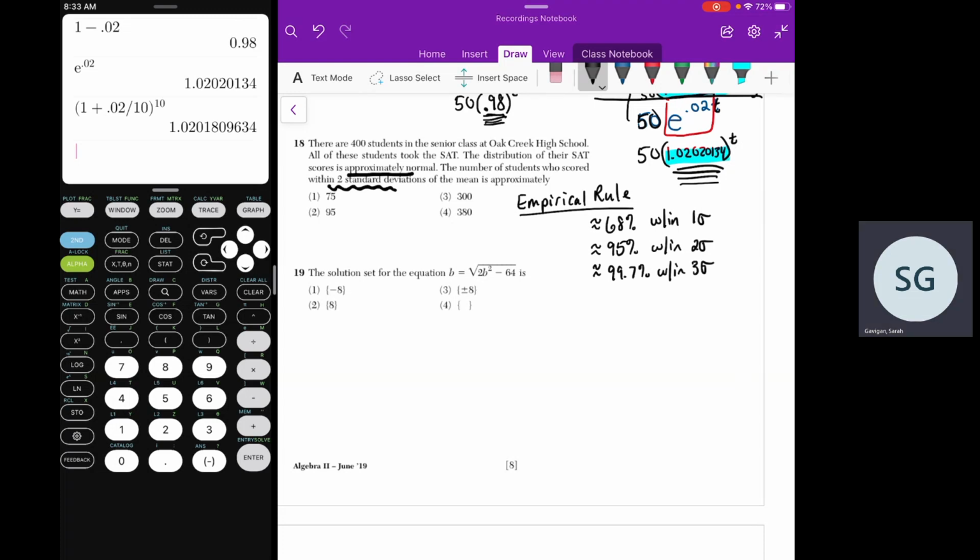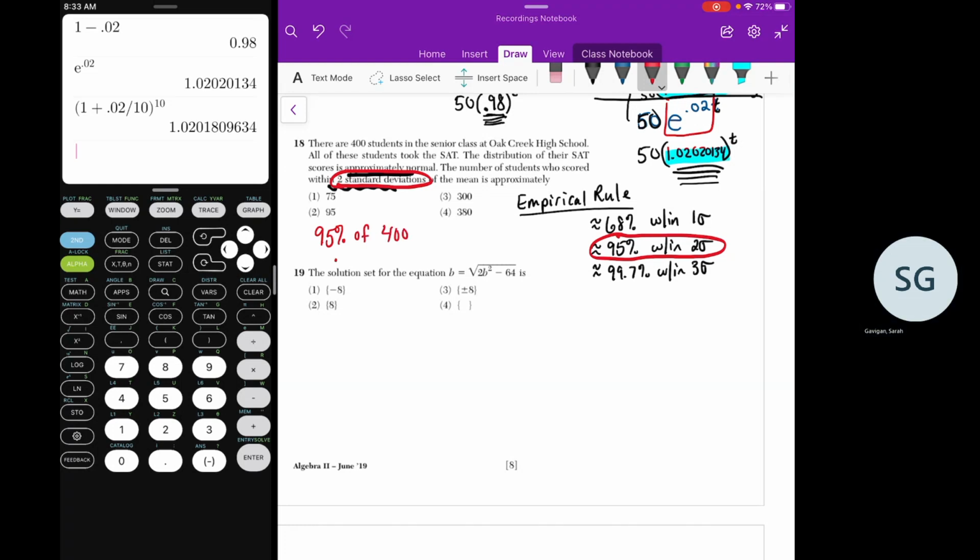So the question is asking, do you know that rule? So the number of students who scored within 2 standard deviations of the mean, you have to know that means we're looking for 95% of the 400 students. So you have to just multiply 0.95 times 400. You'll get 380.